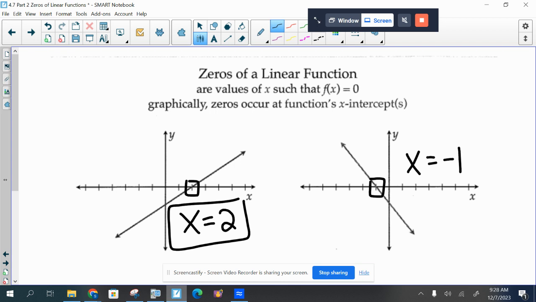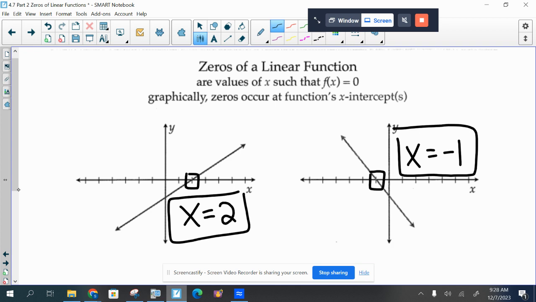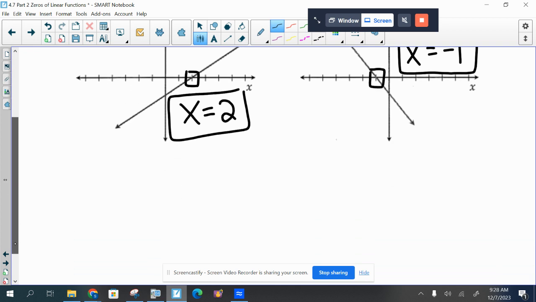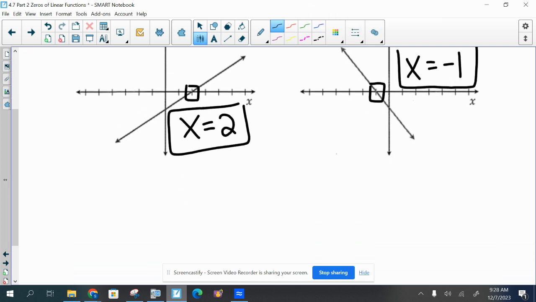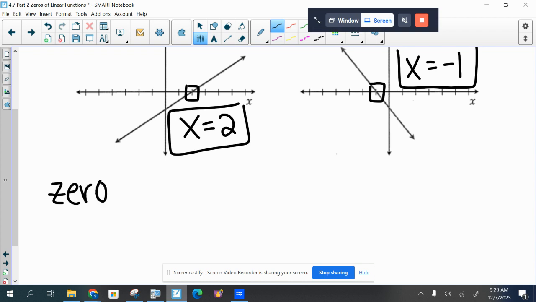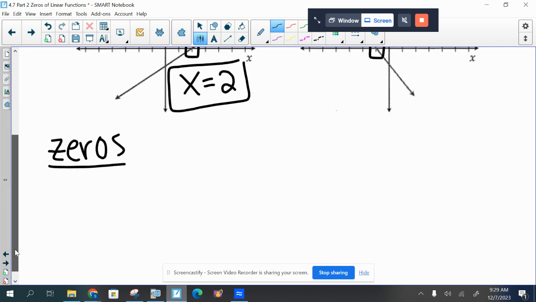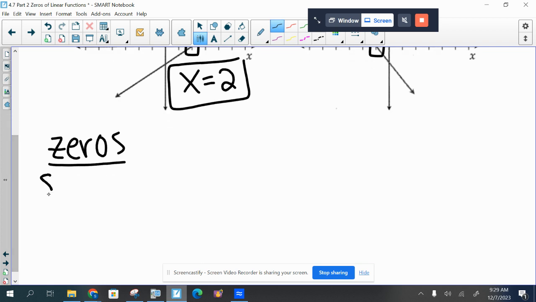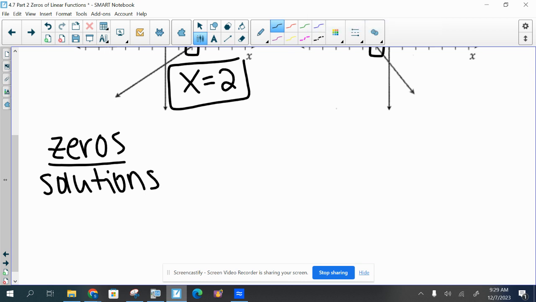Okay, don't flip your page over yet. We're going to take a few notes at the bottom. So we are going to write down all of the terms that mean the same thing as zeros. So when you're finding the zeros, other terms that you might see that mean the same thing are solutions. So when it says to find the solutions to the equation, you're actually going to find the zeros.